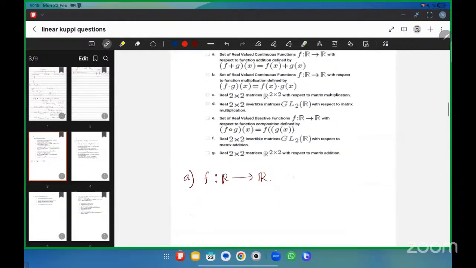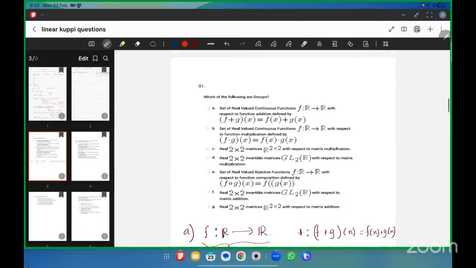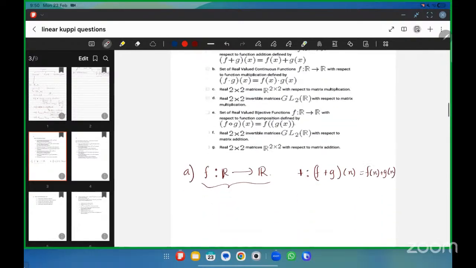The operation is addition: f plus g of x is equal to f(x) plus g(x). So this is the operation, and the set is the real valued functions.